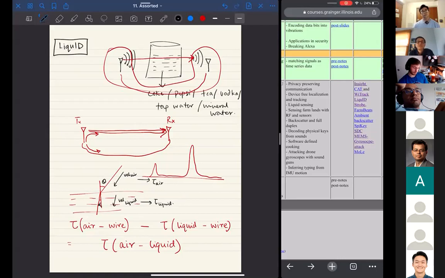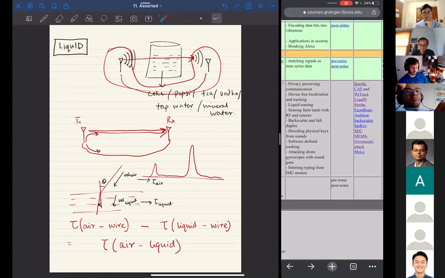So it might be helpful if you have something like this kind of a device, maybe running on your phone. It might be helpful to put the water bottle on your phone and your phone says this is tap water or this is actual mineral water or distilled water. And it turns out that mineral water, distilled water, tap water, they actually have different permittivities that you can pull out from these kind of radios.